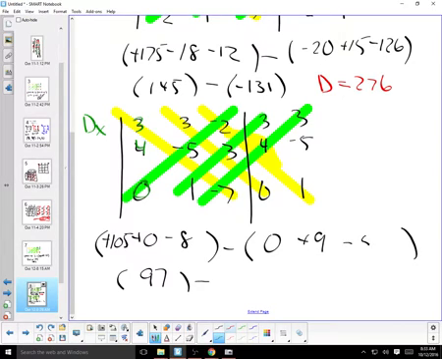So -84. So we're going to get a -75. Is that correct? Okay. So that means that D sub x is equal to how much? 172? 172.